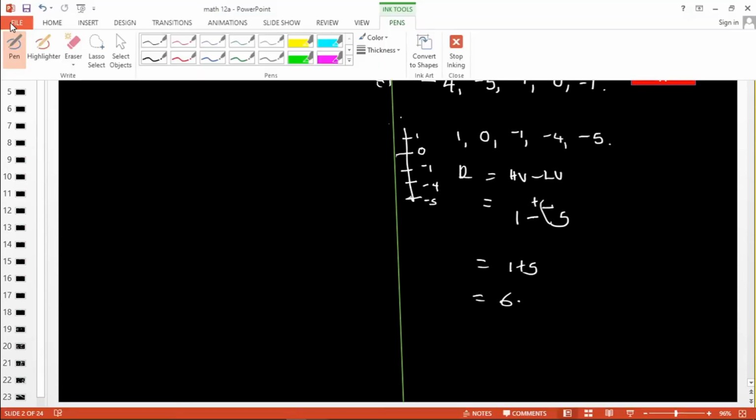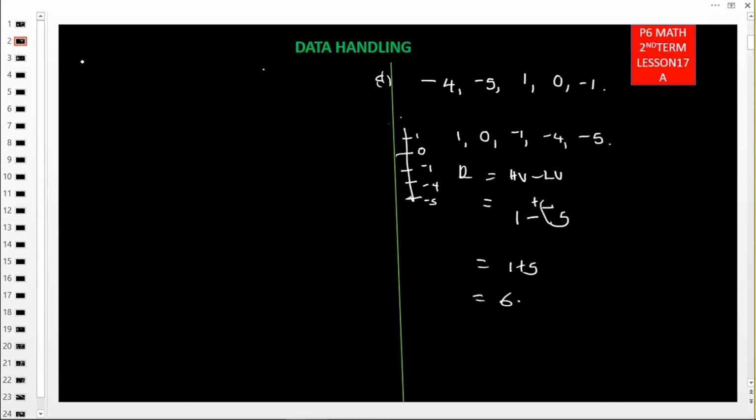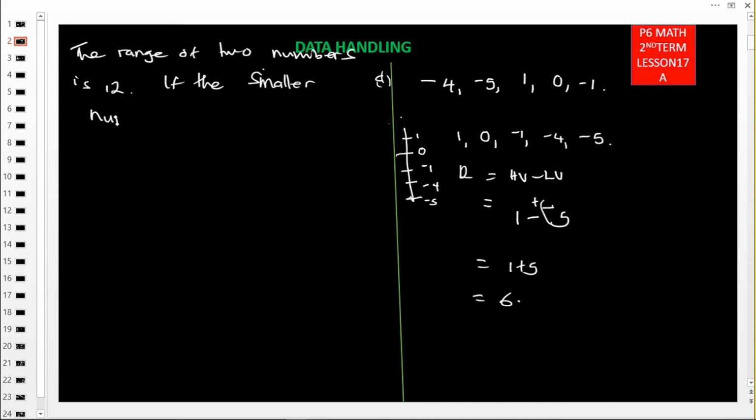So for instance, they can tell us the range of two numbers is 12. If the smaller number is 20, find the bigger number.